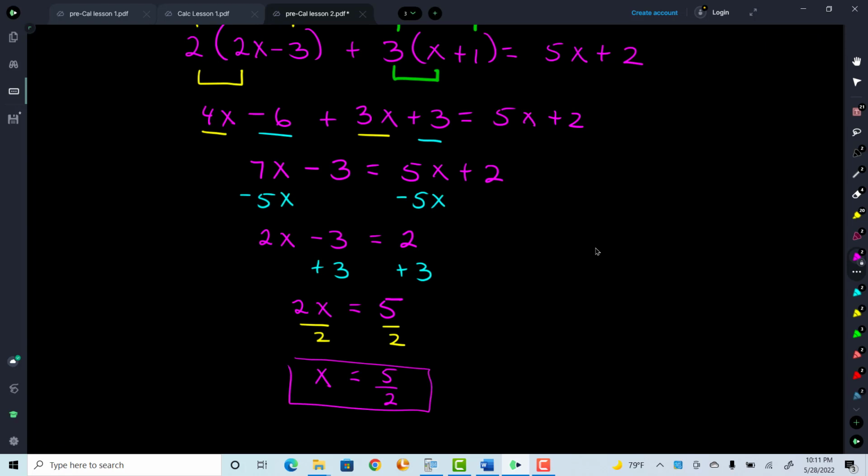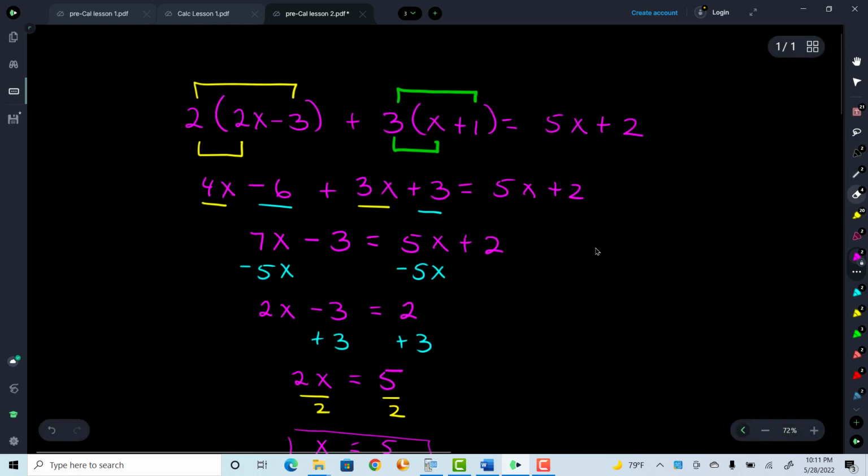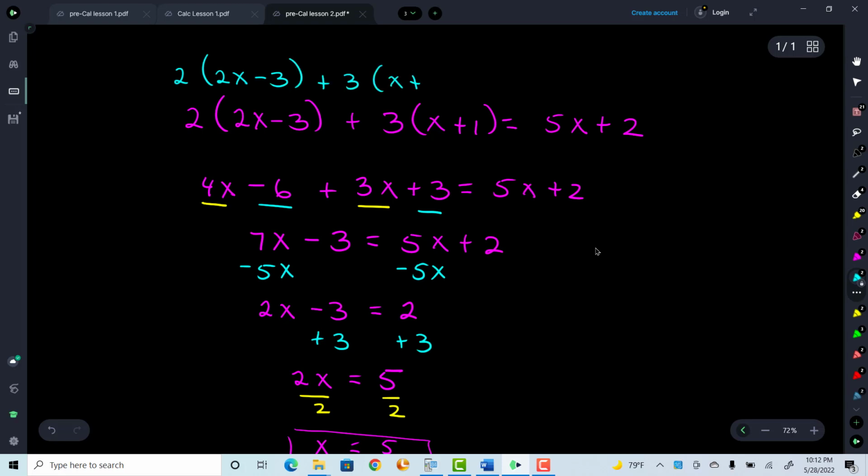Now if I go back up to the original equation, remember I said the solution is actually where it crosses the x-axis. So if we wanted to find the solution to this, we could rewrite this with everything on one side of the equation. So that means I'll subtract 5x from both sides, and I'll subtract 2 from both sides.